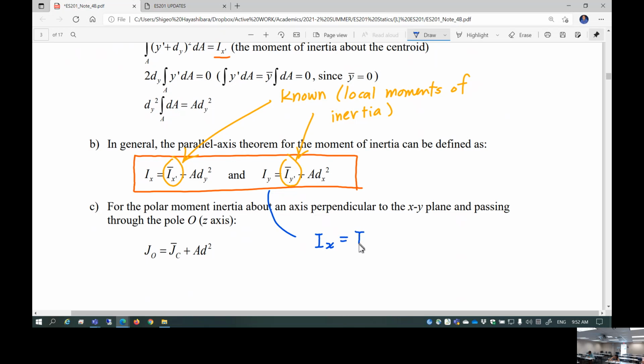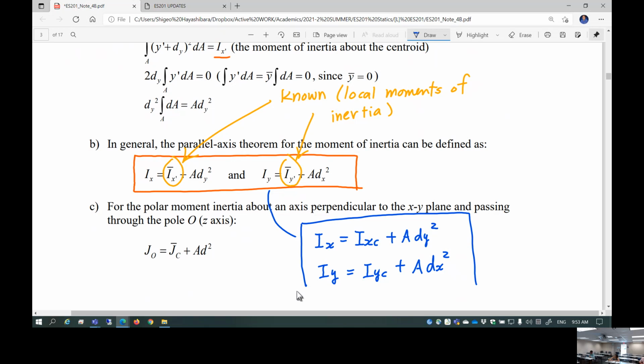Ix is equal to Ixc plus A dy squared. Iy is equal to Iyc plus A dx squared. So this is actually a more commonly used form of the parallel axis theorem.